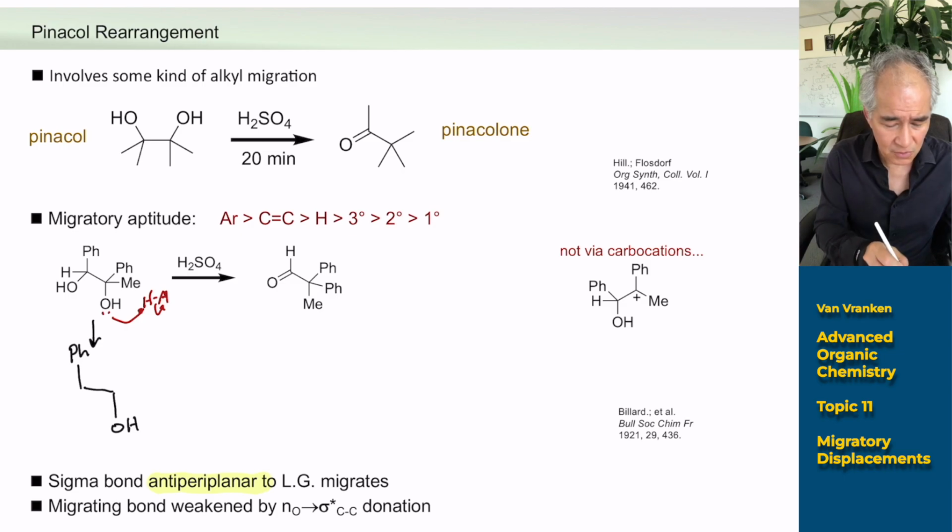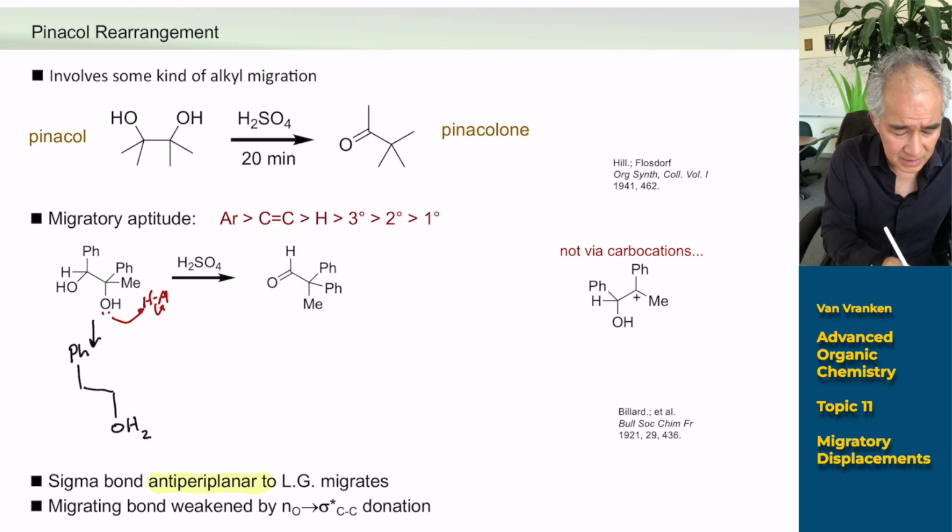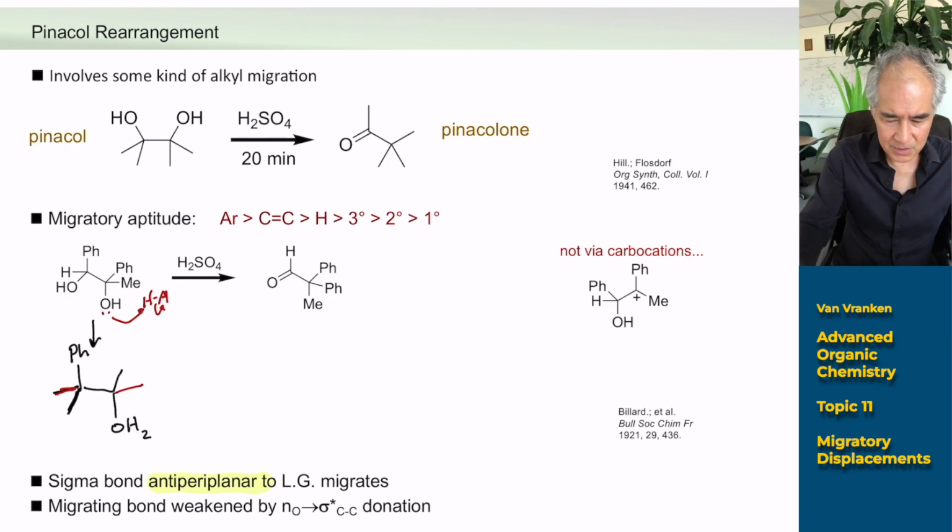So let's go ahead and finish drawing out this protonated alcohol here. That's the leaving group. And I'm going to draw my other substituents. I'm going to draw 2 bonds here. And I'm going to make sure that parallel to this bond, but anti-periplanar to it, is another bond on that other carbon. And then parallel to this bond right here, I'm going to have another bond over here. So let me just do that in black.